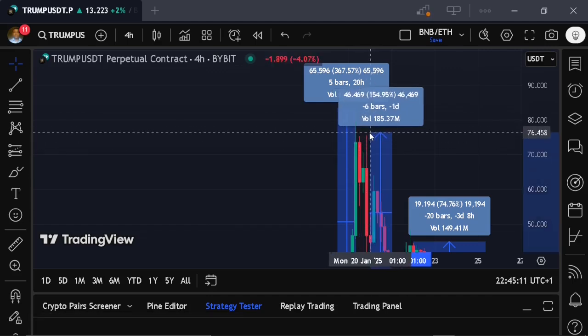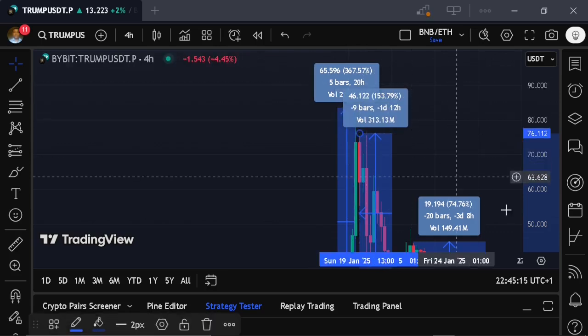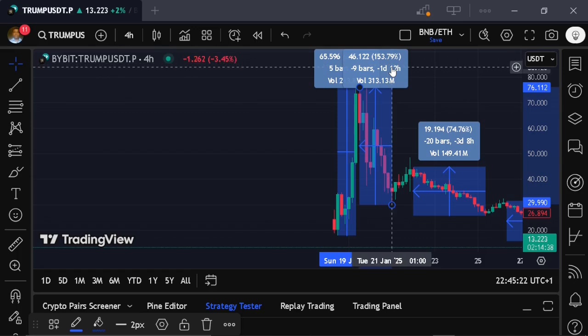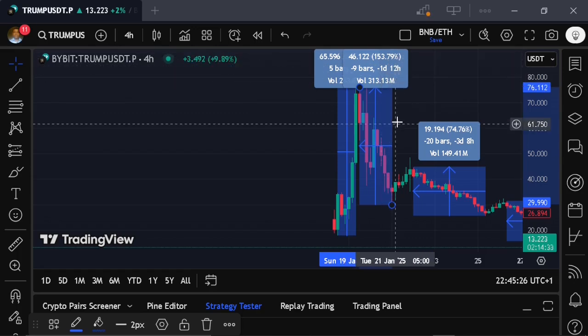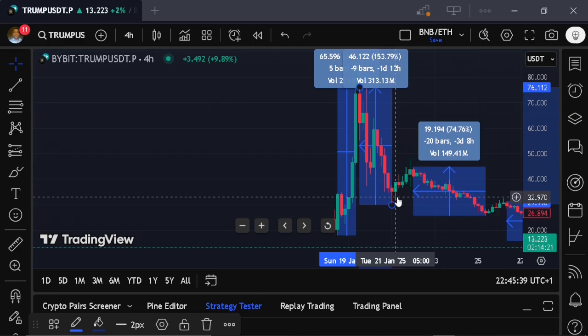From the highest price of this red candlestick bearish trend starter, the price action of this cryptocurrency dipped down to 153.79% in 1 day, 12 hours. And the best part, you would have made over 130% profits if you were to short trade this cryptocurrency on this bearish trend section. With that, let's move on to the next session.